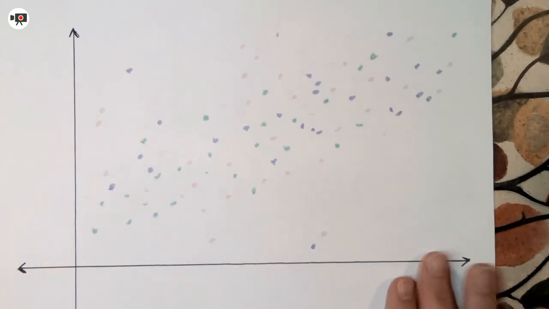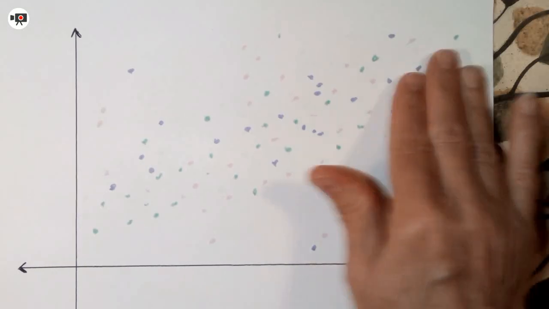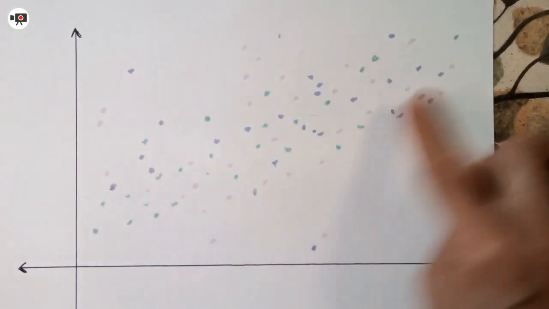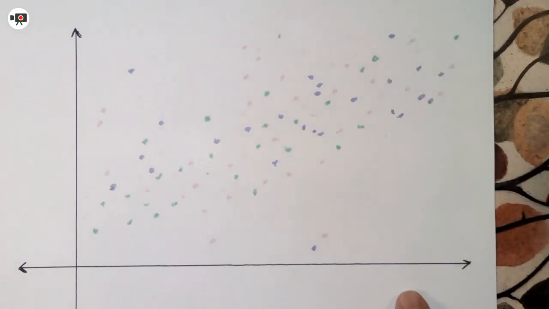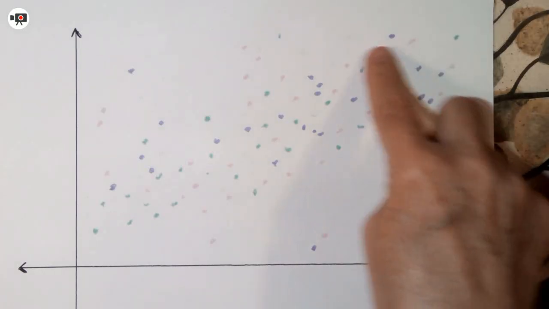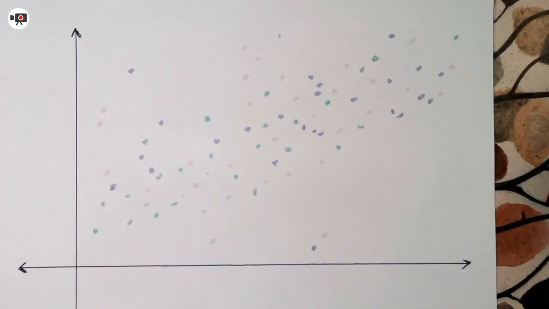A higher number out here corresponds to a higher number out here, like that purple dot right there. That's a relatively high X value, a relatively high Y value, and this little green one right here, that's a pretty low X value, a pretty low Y value.